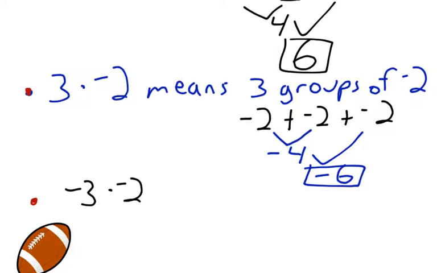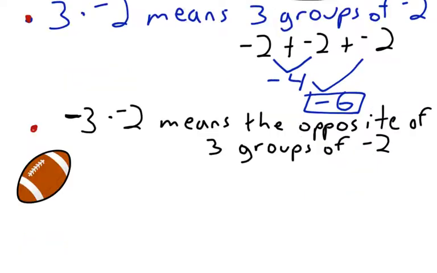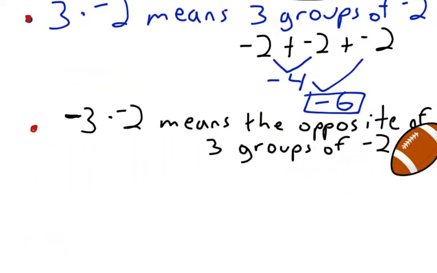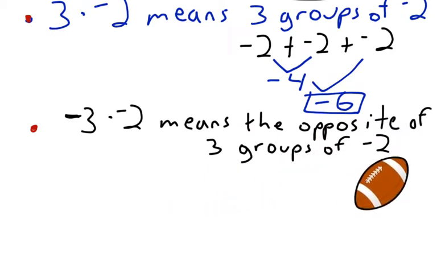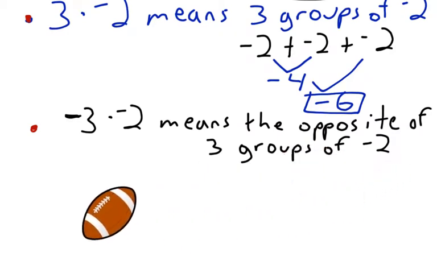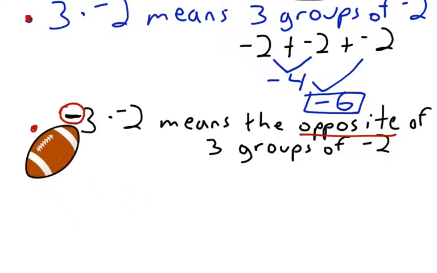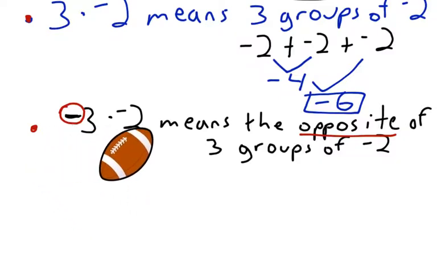Well, that would mean that it's not 3 groups of, it's negative 3 groups of, and negative means the opposite of a positive. So the opposite of 3 groups of negative 2. So again, that word opposite is coming from this negative right here. That's telling me it's the opposite of 3 groups of negative 2.